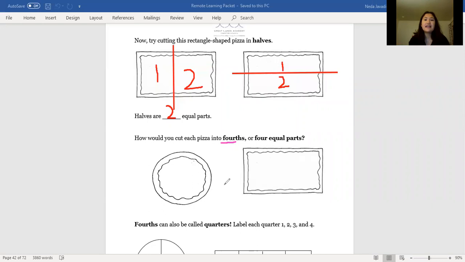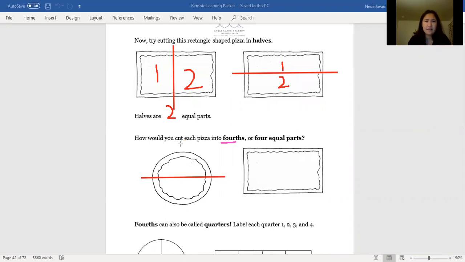Let's cut each pizza into 4 equal parts. Pause the video and try it on your own first. Cool, let's do it together. So on this pizza, I'm gonna try to cut it into 4 equal parts by drawing one line down the middle, side to side, and one line down the middle, going up and down.